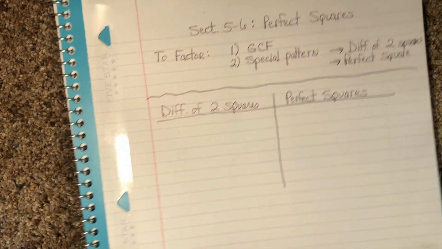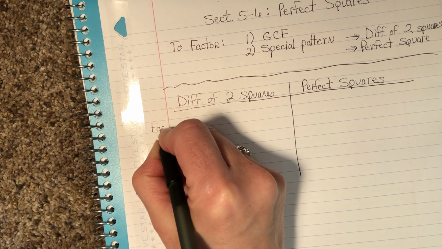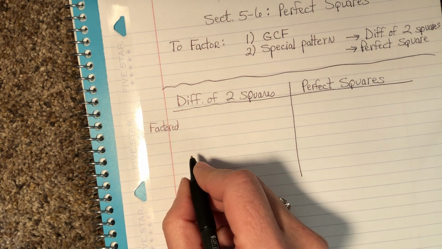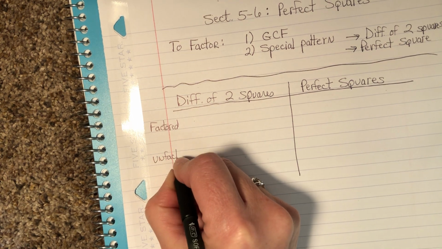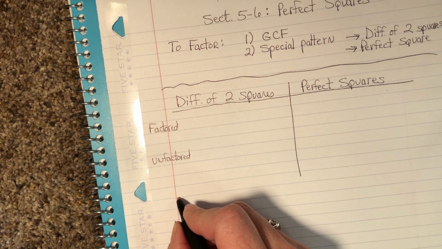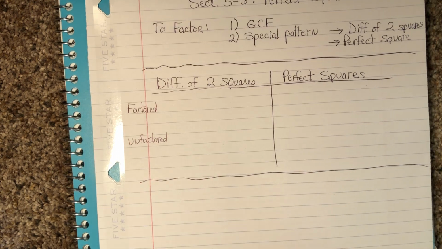On the side, we're going to have a factored row, and then I'm going to skip a couple lines and add an unfactored row. Now I'm going to put another squiggly line because we're going to come back to that.